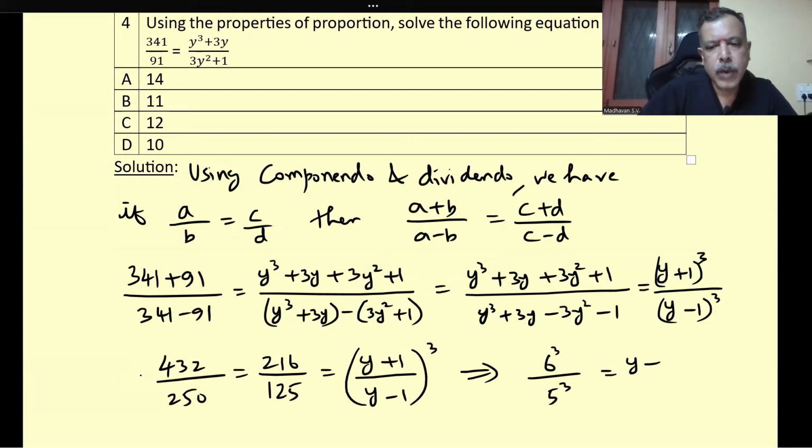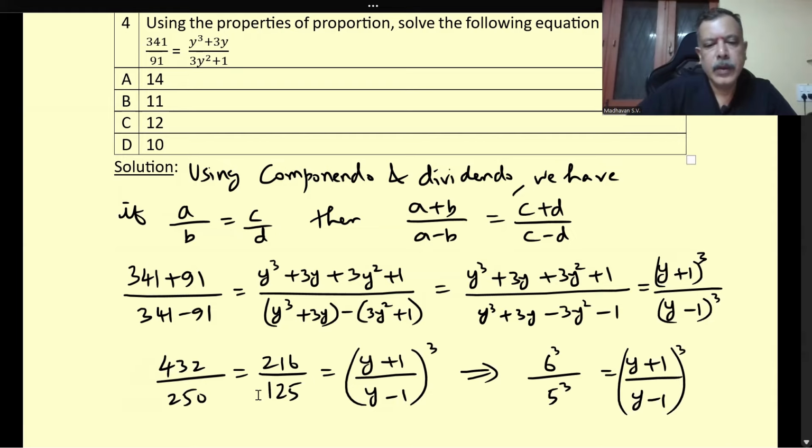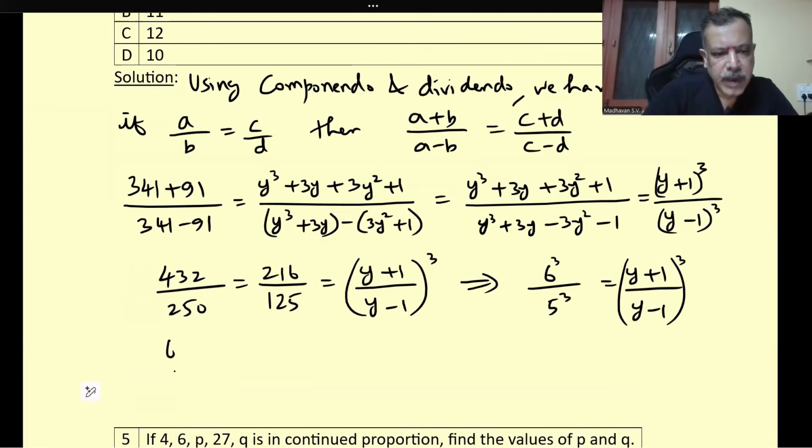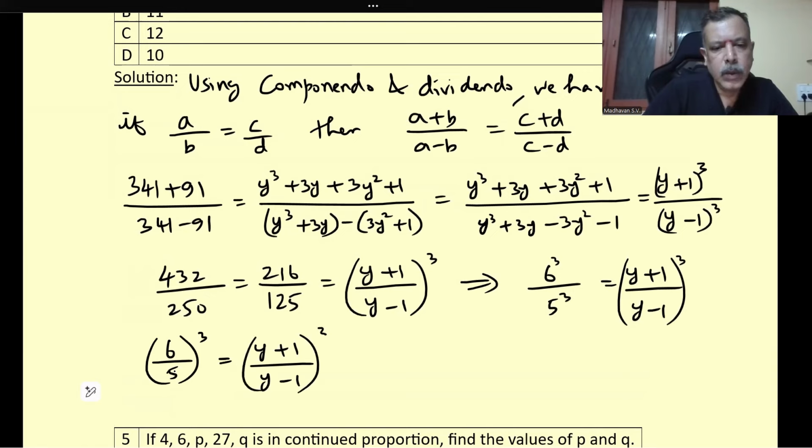So 6 by 5 the whole cube equals y plus 1 by y minus 1 the whole cube, which means 6 by 5 is equated to y plus 1 by y minus 1.